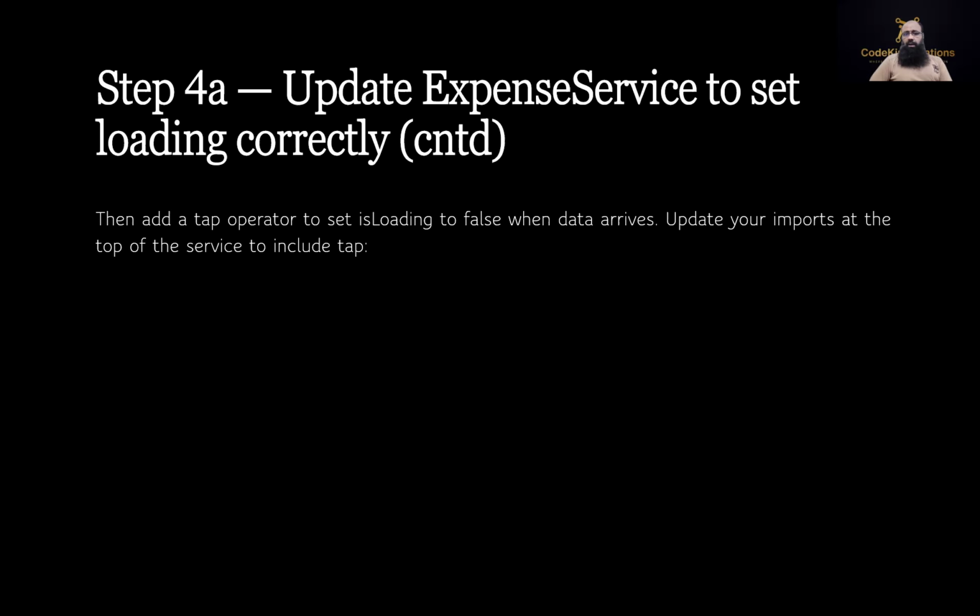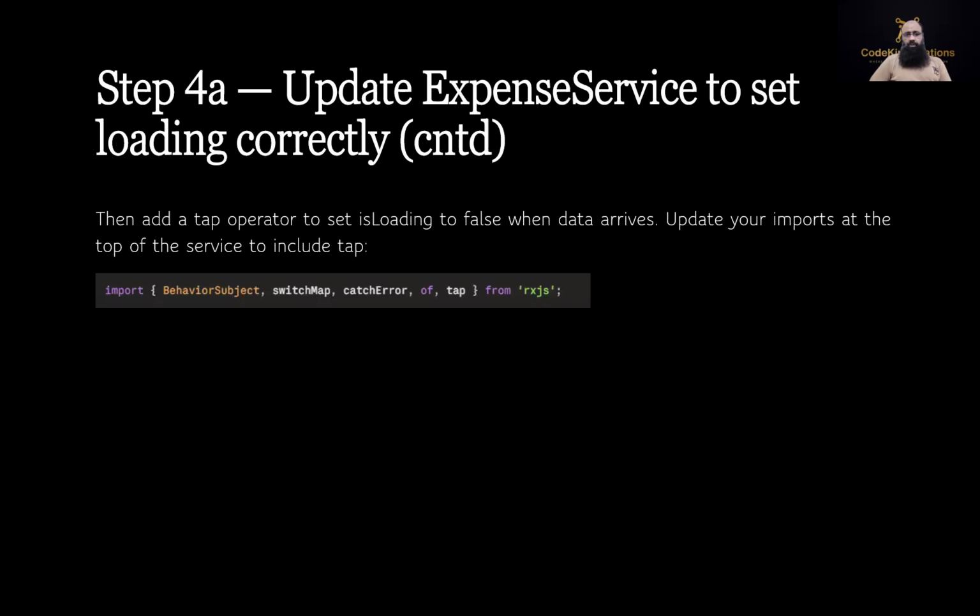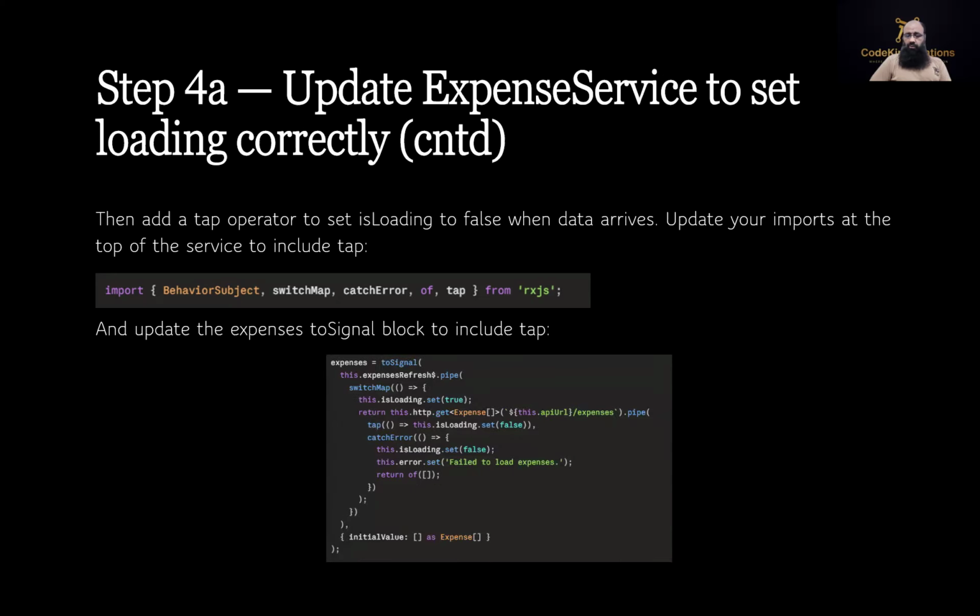And what we need to add over here, you can see we need to use a tap operator to set is loading to false when data arrives. So this is again an import from RxJS. And what does it do? It updates the toSignal to include a tap. So you can see within this code, tap has been used.